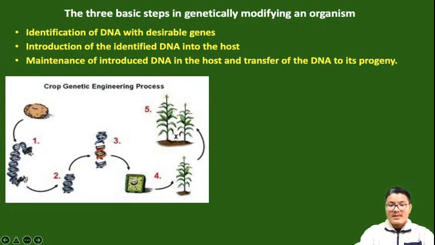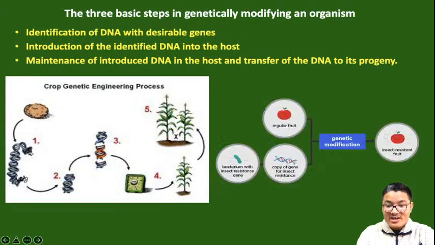Okay, so the same is the case if we have a gene which is resistant to insects. Suppose we have a gene which is isolated from bacteria and it shows a resistance character towards insects. If we could introduce this gene, which shows resistance towards insects, into the apple plant, then that apple plant will be genetically modified, right?